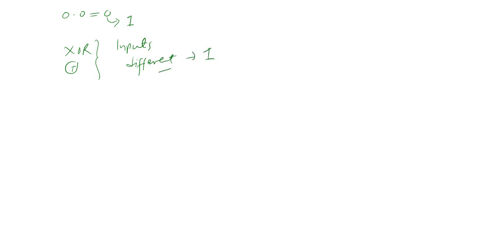For example, 0 XOR 1 will give us a 1, and 1 XOR 0 gives us a 1. So at the point where we get the inputs having same logic levels, like 1 XOR 1, we get a 0, and 0 XOR 0, we get also a 0.